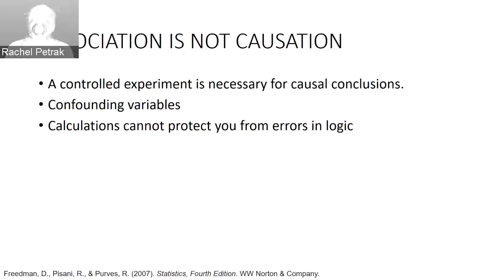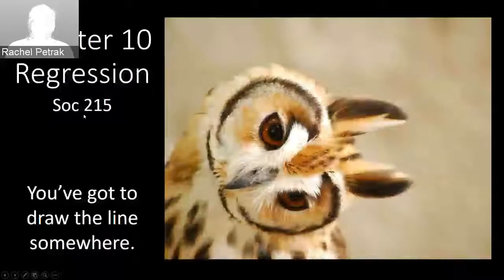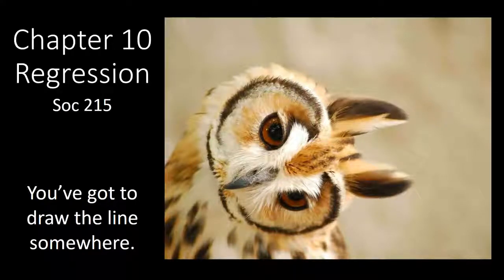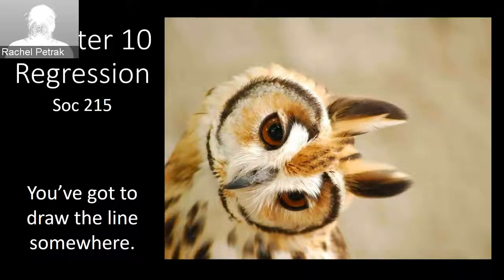So you really have to be careful to look at variables and associations that make sense, and to think about what is really being studied here. Not to mention also the basic aspect of remembering that you have to use certain procedures based on the level of measurement of your variables. In chapter 10, we break into regression.